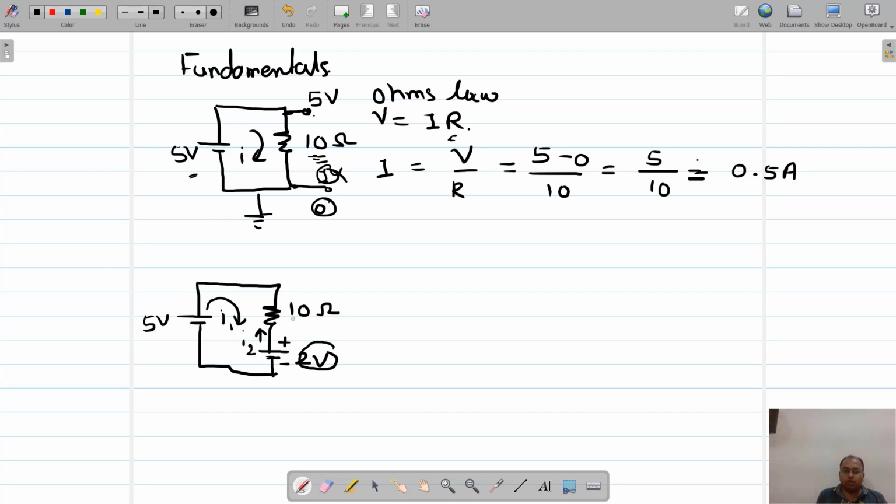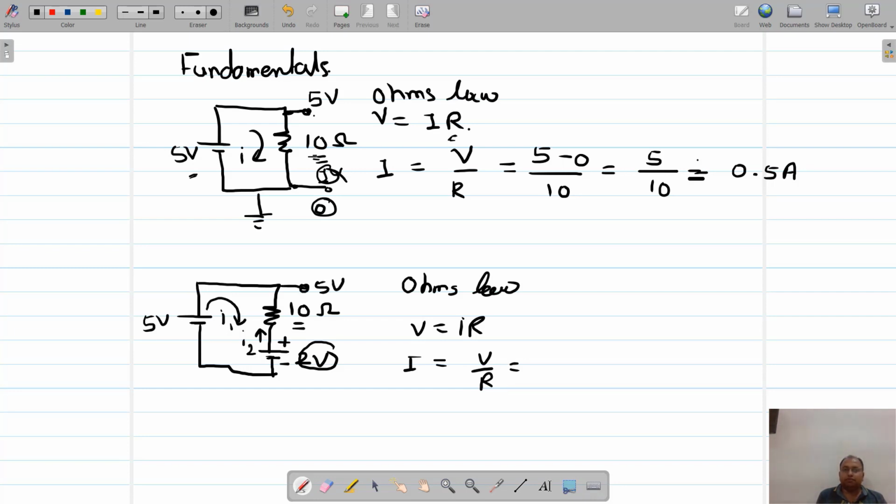So the resultant current flowing through this 10 ohm resistance is the subtraction of these two currents, right? Let us verify this by means of Ohm's law again. V equals IR, and I can be found as V divided by R. Now, what is the voltage at this point of the resistor?